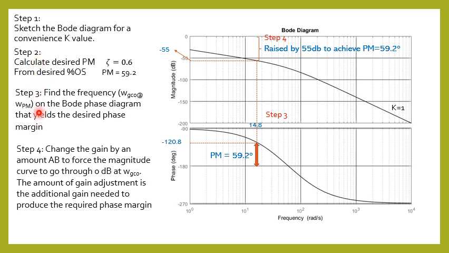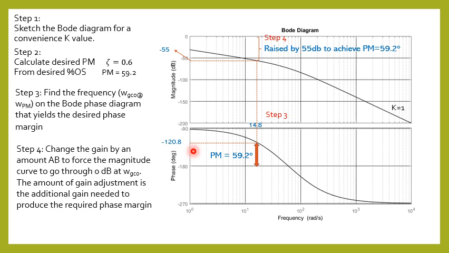And then step 3, we have to find the frequency omega GCO or omega PM on the Bode phase diagram that yields the desired phase margin. From step 2, we know that the desired PM is 59.2. So at your phase plot, find the frequency where you can get your PM to be 59.2.